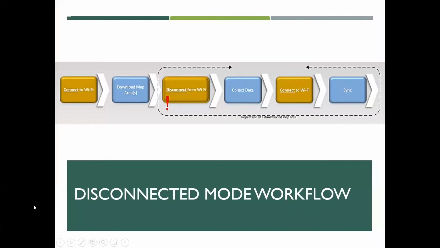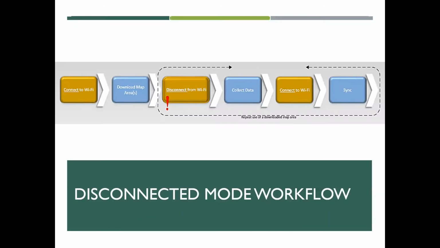This disconnected mode workflow, if you're using an iPad, is especially helpful because a lot of iPads don't have cellular data plans. We turn the automatic sync off and manually sync this way, and it takes a little bit of planning. You can do this in an iPhone as well, although the iPhone then kind of fights you because it wants to connect.